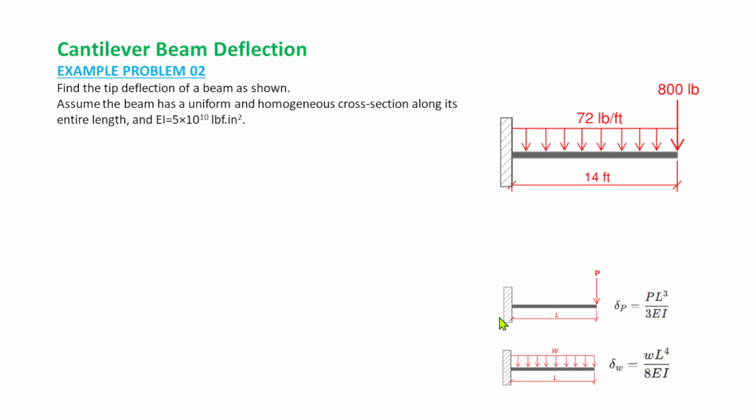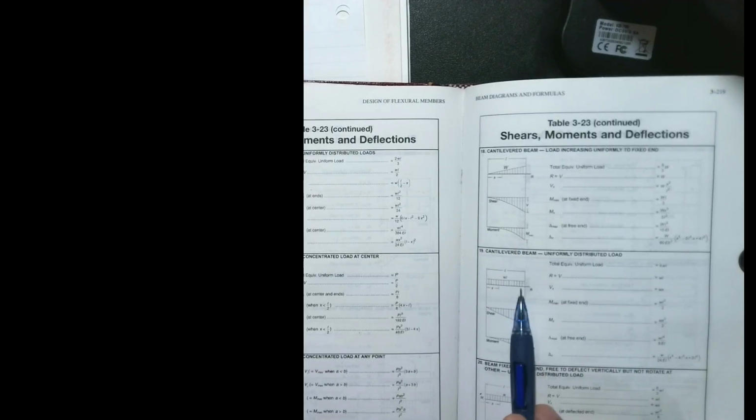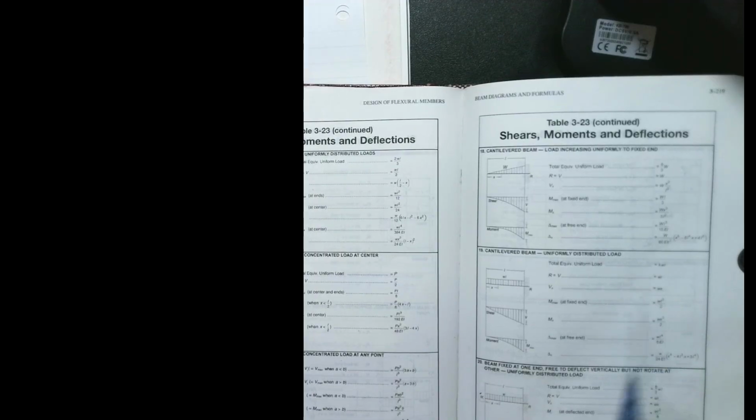Just for reference, guys, I'll show you where to get these formulas. If you have the AISC book, you can find the cantilever uniformly distributed load in table 3-23, 14th edition AISC. So this is the formula, WL to the 4th over 8EI, for a uniformly loaded cantilever beam.